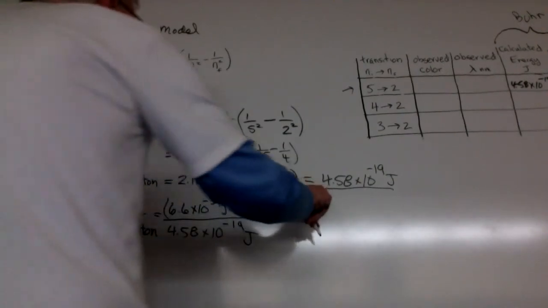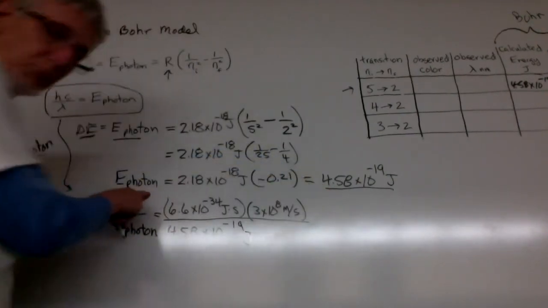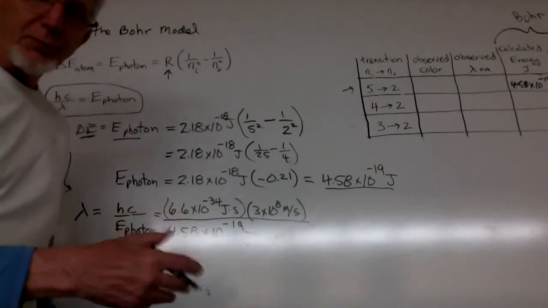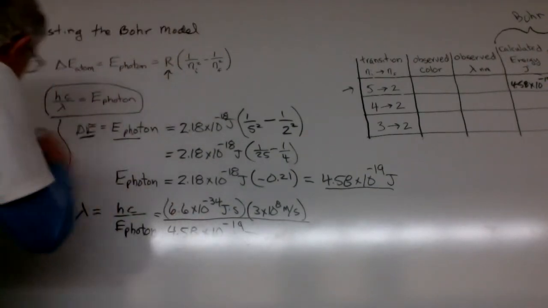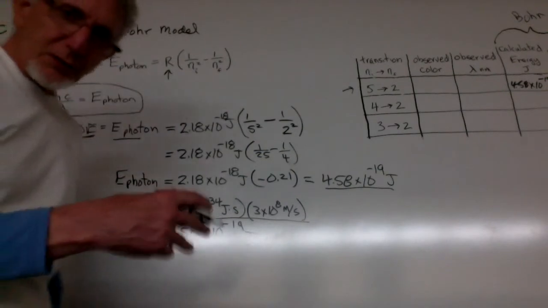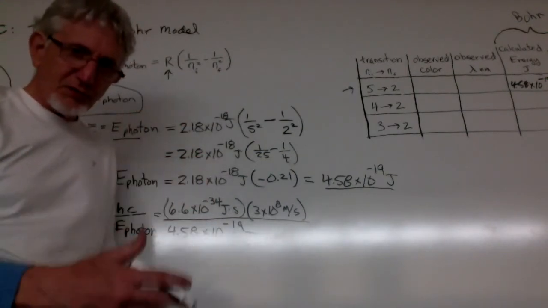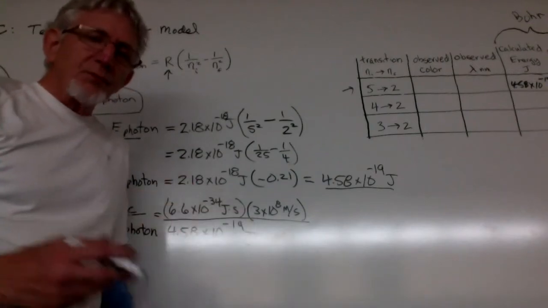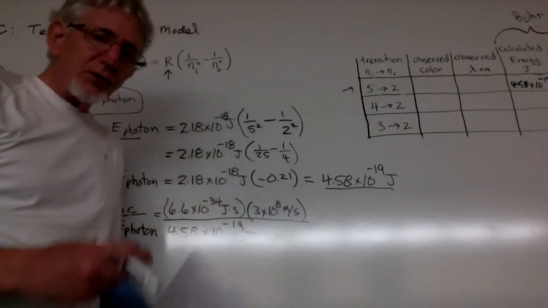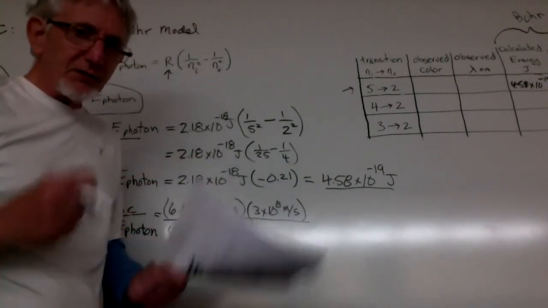Now notice we dropped a negative sign here when we did the energy of the photon. We did that on purpose. We're actually taking the absolute value. The energy change of the atom went down as the electron went from the n equal 5 high energy state to the n equal 2 low energy state. But all that energy was taken away by the photon. So the photon doesn't have a negative energy. Its energy is positive.